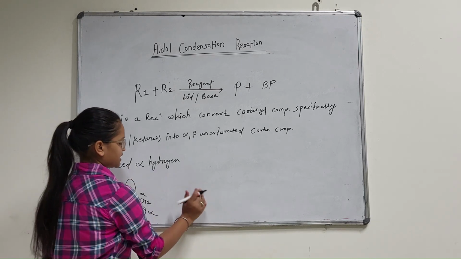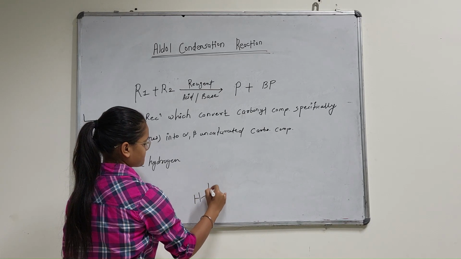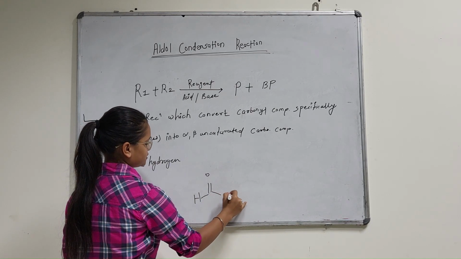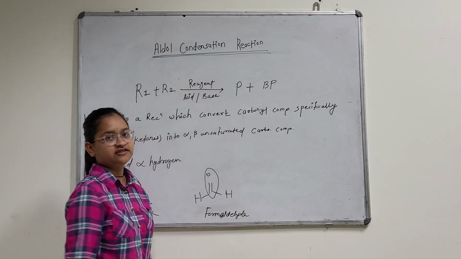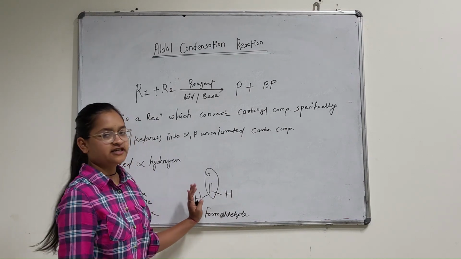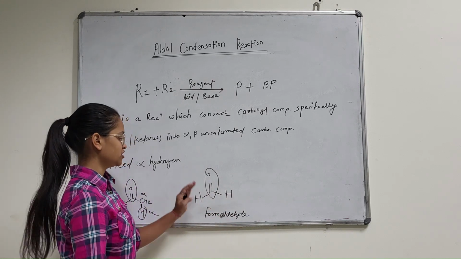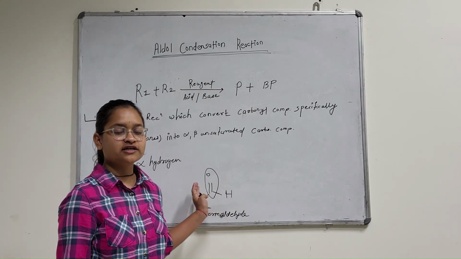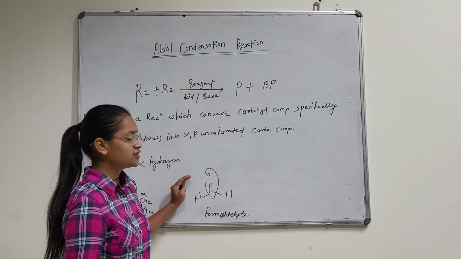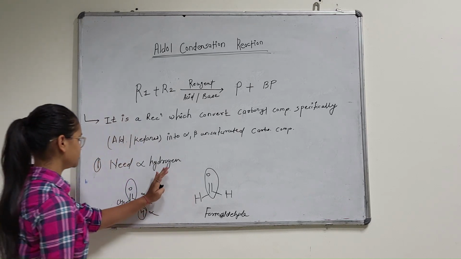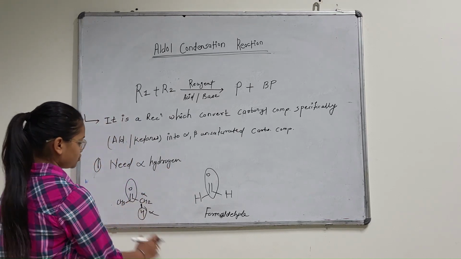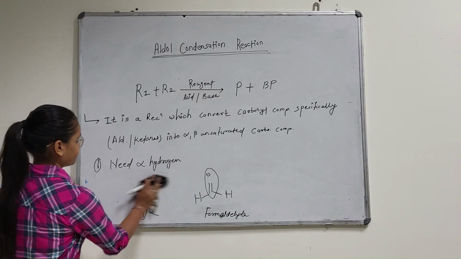But if we take the second example, what is the name of this compound? This is formaldehyde, which doesn't have any alpha carbon and also doesn't have any alpha hydrogen. So it does not satisfy the condition and doesn't undergo Aldol condensation. This is our first condition. What is the second condition?